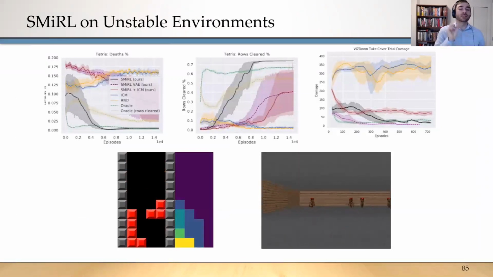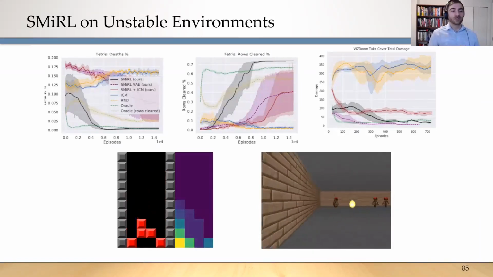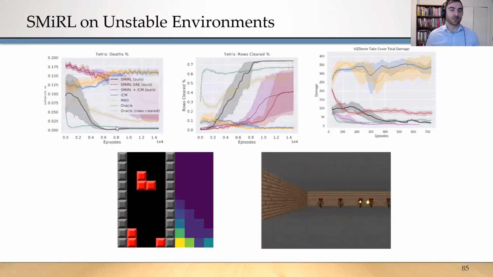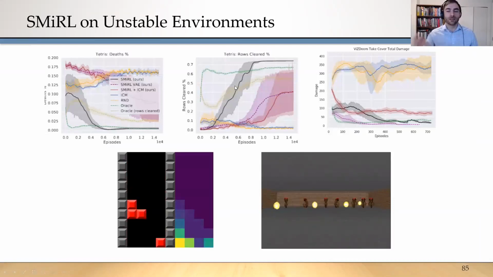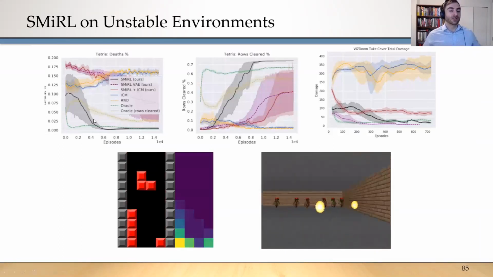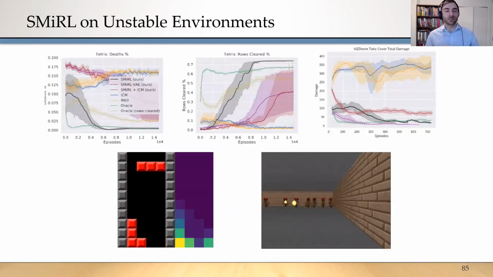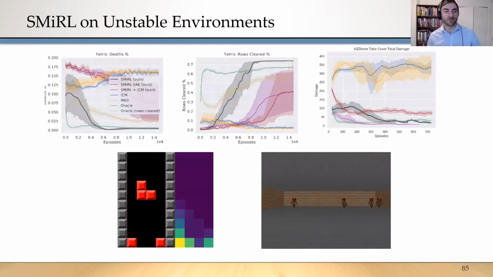So then, to get into some of the comparisons between SMIRL and some of the curiosity-type objectives: SMIRL is shown here as the black line in these graphs. For these environments, Tetris and VizDoom, the SMIRL agent, when it's optimizing just for entropy, ends up getting better behavior in terms of some other qualitative metrics.